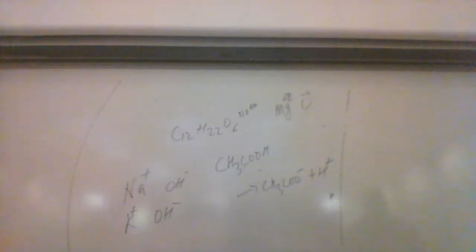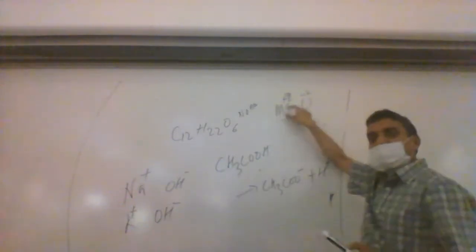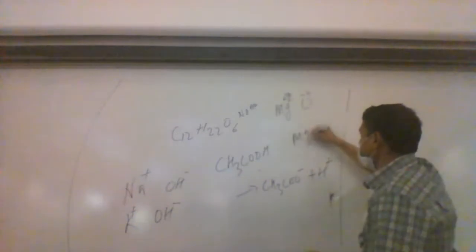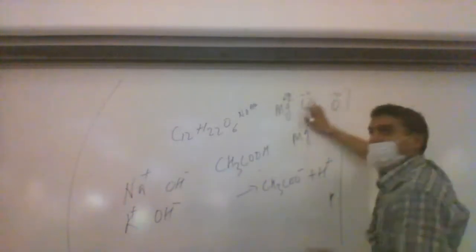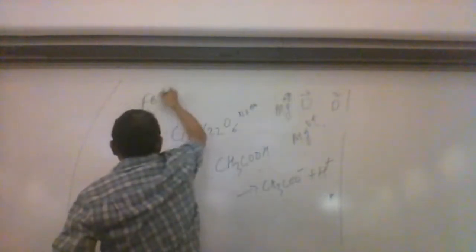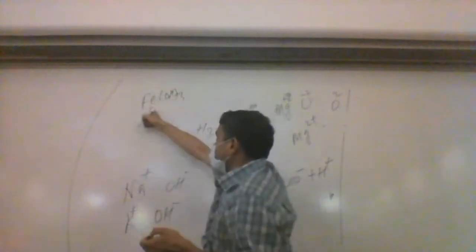Make sense? So two things. First of all, the compound should have ions, and when we put it in water, it should be able to break apart like this: Mg2+ and O2-. You see that? But for example, if you see iron hydroxide here, Fe has a +3 charge.